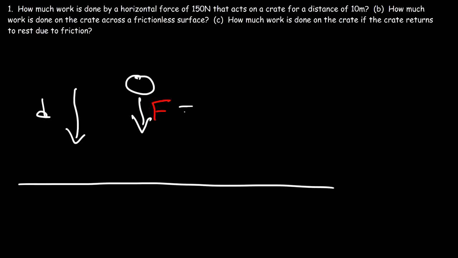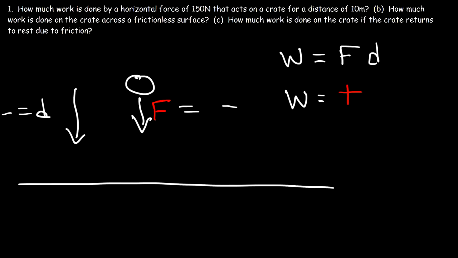The force of gravity is in the negative y direction, so it's negative, and the displacement is in the negative y direction. Work is equal to force times displacement, especially when these two are parallel. So we have two negative values, therefore we should expect that the work done on the ball is positive.